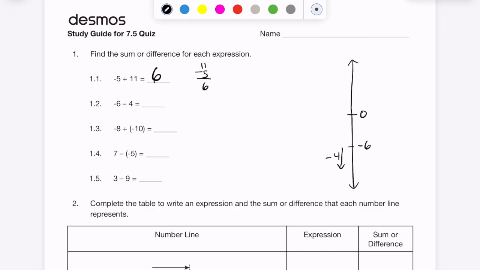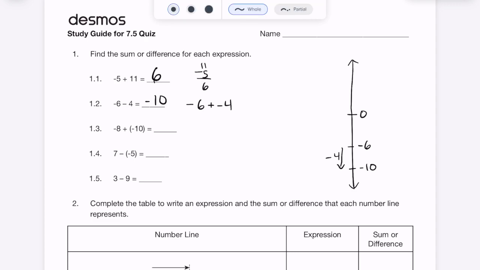We could also think of this as negative 6 minus 4, which is equivalent to negative 6 plus negative 4, because subtracting a number is equivalent to adding its opposite. So minus 4 is the same thing as plus negative 4. Either way, we're going to end up at negative 10. Because we're at negative 6, we get 4 more negative, 4 farther away from 0, and we end up at negative 10.